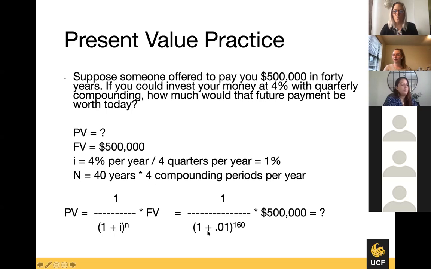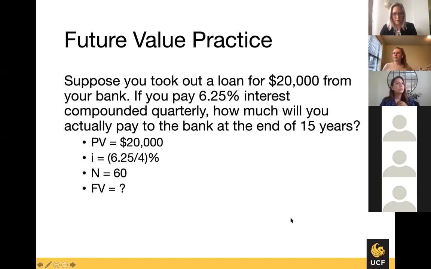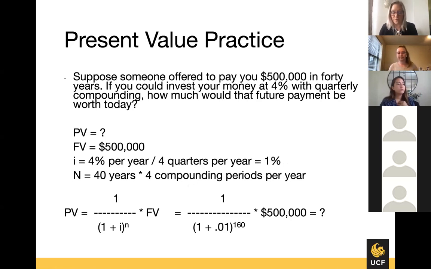So 1 over 1 plus, this is the 1% that we calculated by dividing the 4% annual rate by the 4 quarters per year. And then this is our n, multiplying the 40 years times 4 compounding periods per year, times our future value here, which we know is $500,000. I apologize, I don't have the answer written on the slide here, but the answer is actually in the notes portion of the PowerPoint slides that we put into the web course today.